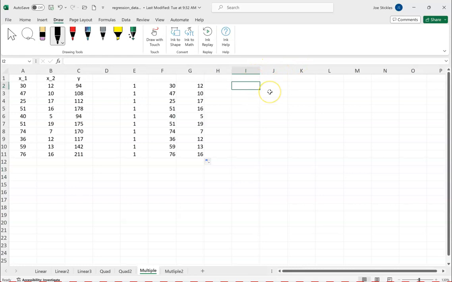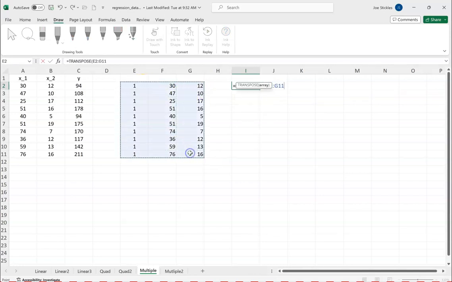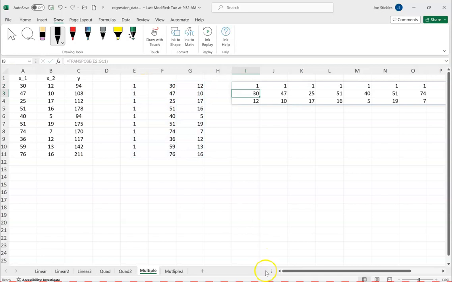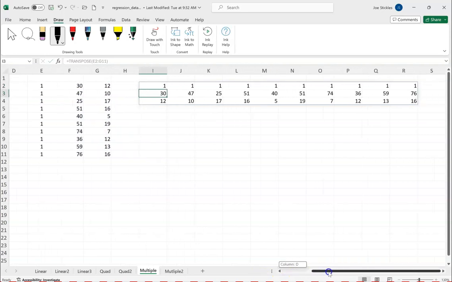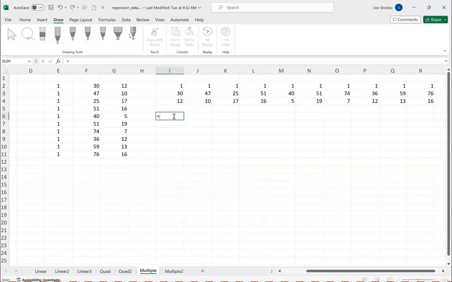Again, to get your least squares solution, what do we do with that matrix first? Transpose it. Good. After we transpose it, multiply it.